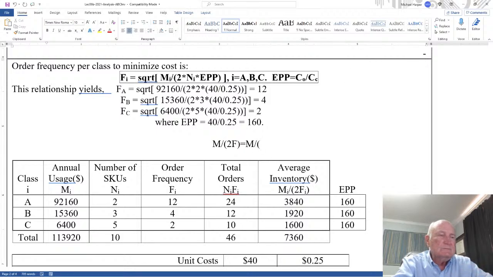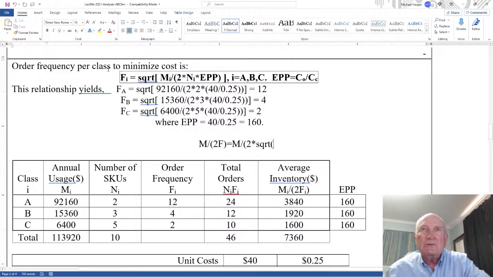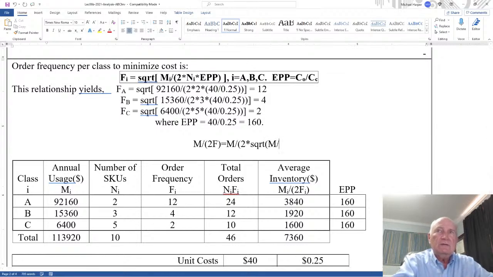2 times the square root of, and up here it's going to be F, which is this, M divided by 2 times the number in the class. Well, in this case, the number in the class is just going to be 1, times the EPP. Well, we know what the EPP is.